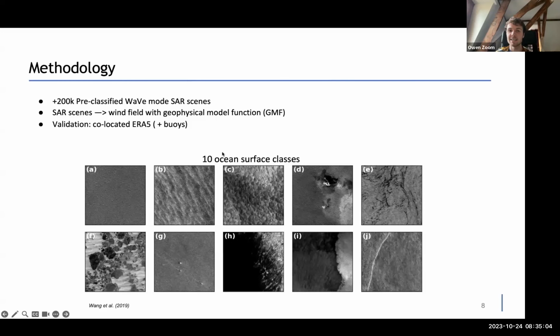They do a global mapping of where they occur and how much of a particular class.